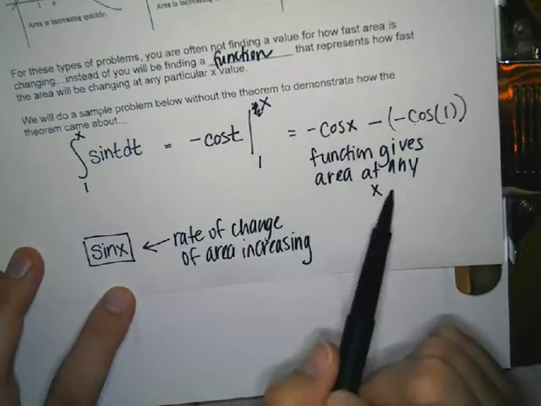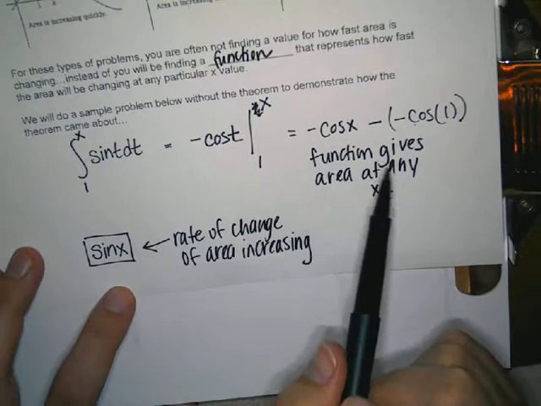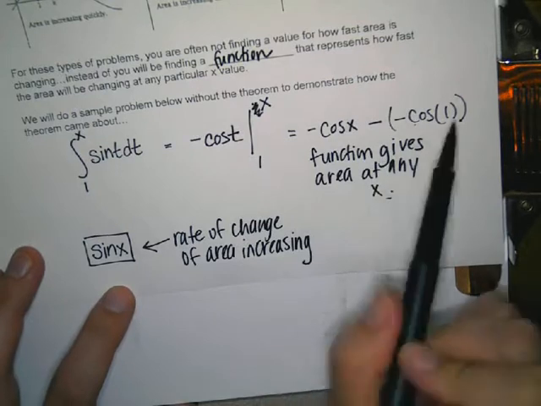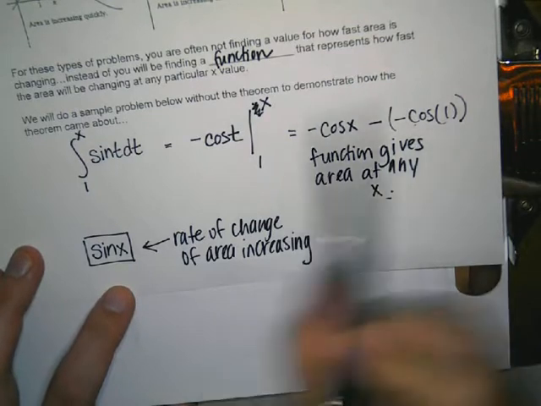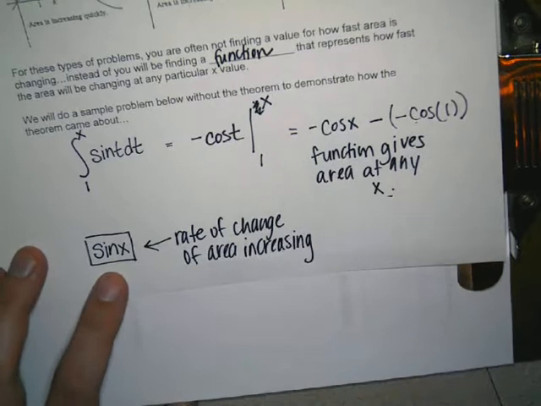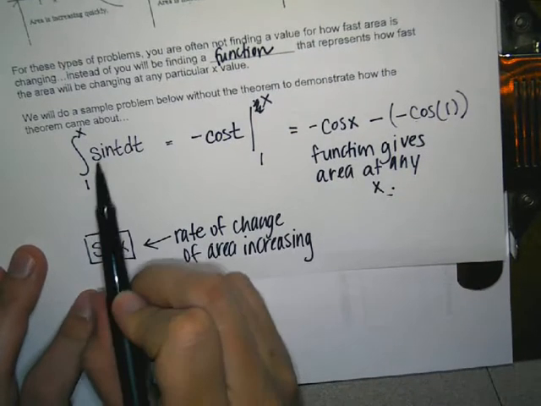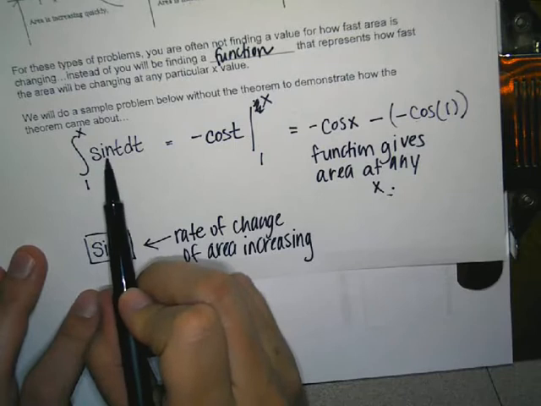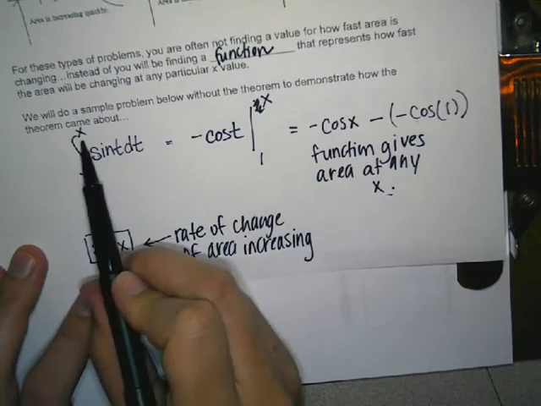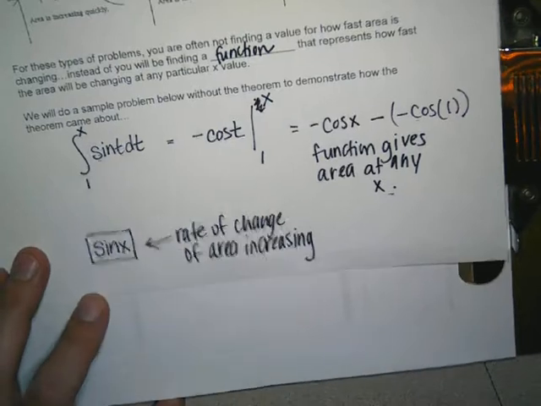If I want to find the rate of change of how fast area is increasing, then I take the derivative, because derivative is rate of change, and I get sine of x. Notice that this is the same function as what was in my integrand, and that x was the top limit of integration.